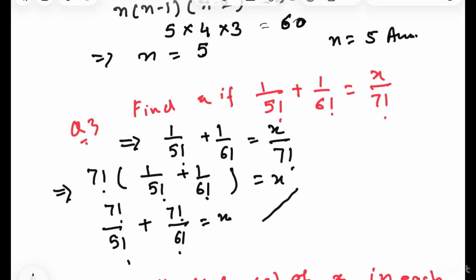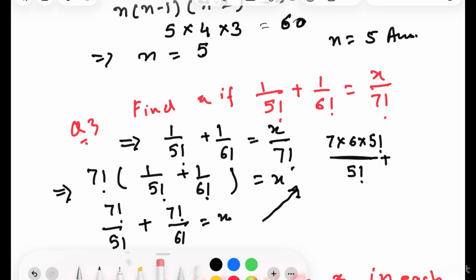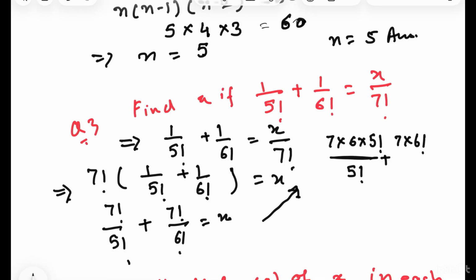So this implies 7 into 6 into 5 factorial upon 5 factorial plus 7 factorial upon 6 factorial, sorry, 7 into, क्योंकि 6 है ना नीचे तो ये 6 से कैंसिल हो जाएगा. 7 into 6 factorial upon 6 factorial is equal to x.